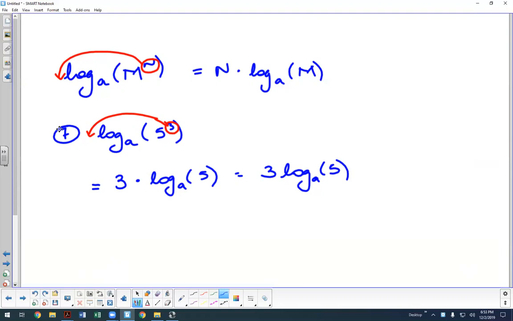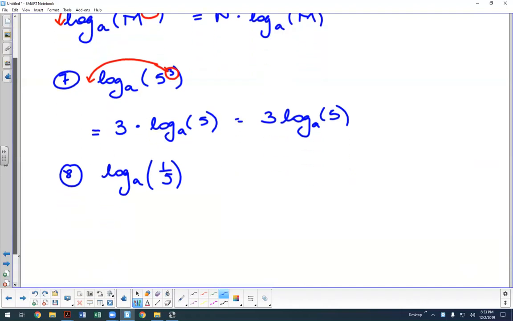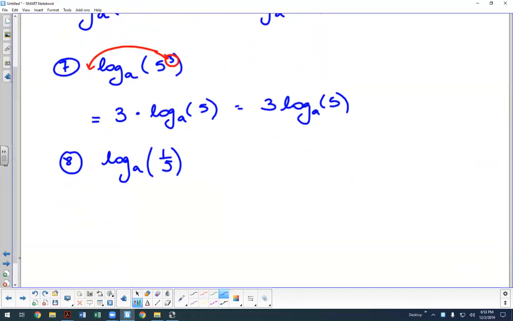Now number 8, they're actually giving us a little fraction in here. You've got log of 1/5 with base a, right? And they only want the answers as log of 5, not 1/5. So that means we need to clean this up. Since that's a fraction 1/5, we're going to start by using our quotient rule for logarithms, which would then mean we end up getting log of 1 minus log of 5, right? Both with base a.